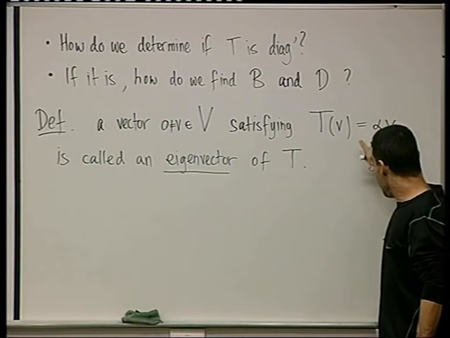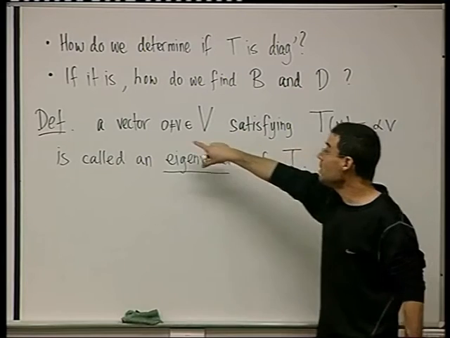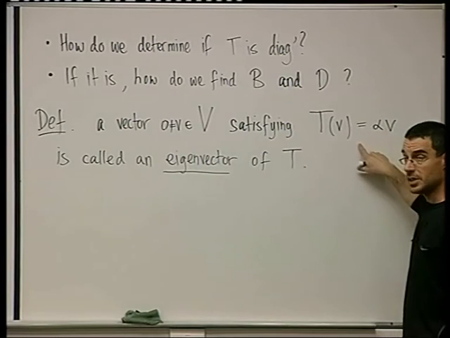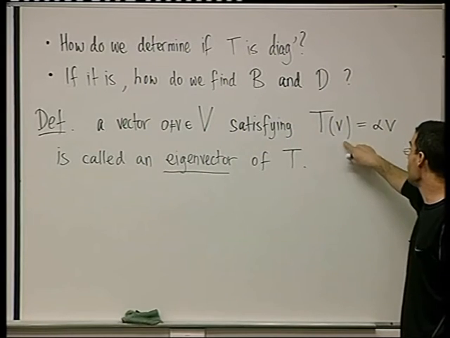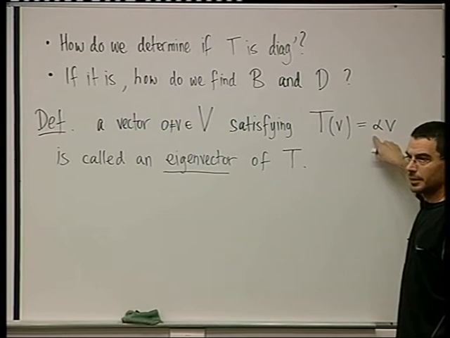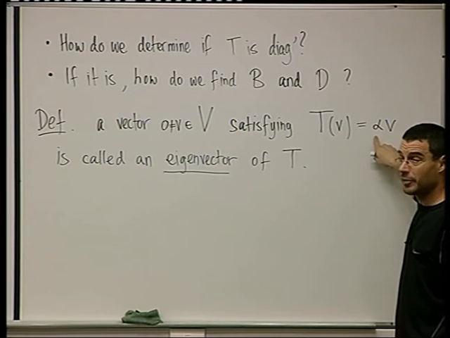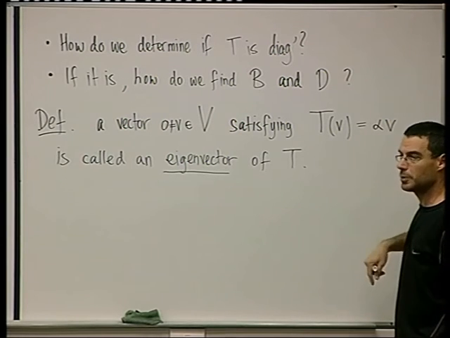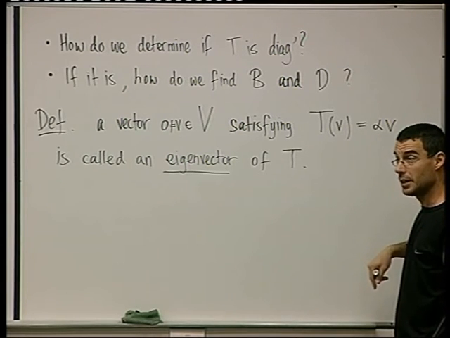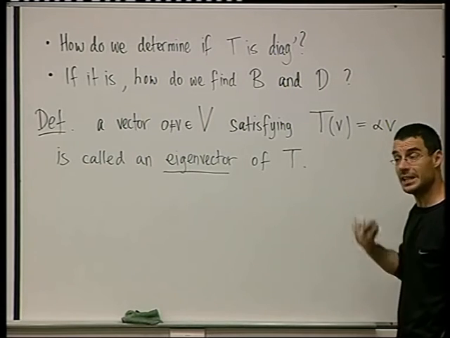Note, of course, that the zero vector always satisfies this. Right? T of 0 is always alpha times 0, for alpha equals whatever you want. Do you agree? Because T of 0 is 0 for any linear map.